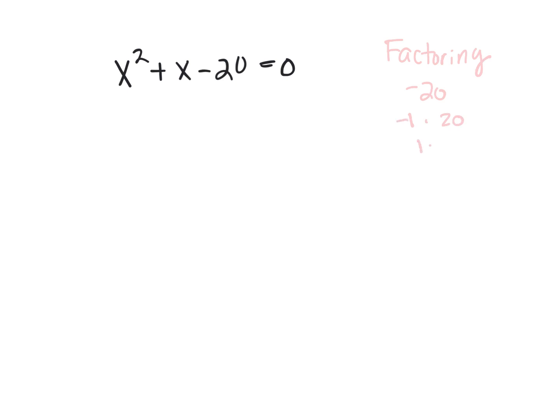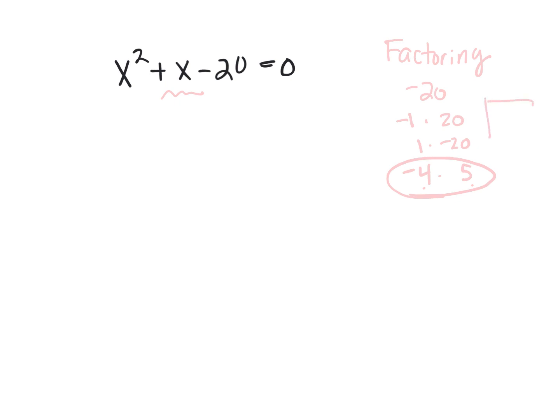One of those would have to be negative. I'm looking for a positive x here, so that didn't work. I could have a 4 times a 5. If I have negative 4 times 5, that would give me a positive 1. So there's my correct combination.